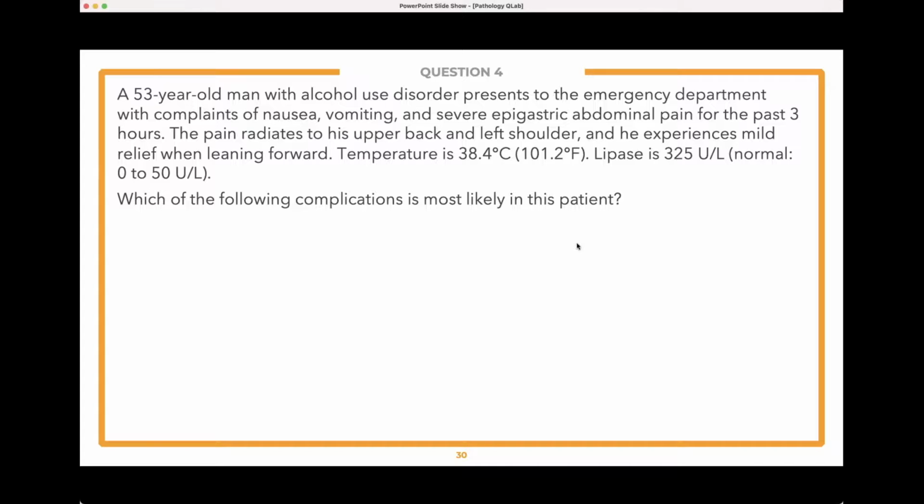The pain radiates to his upper back and left shoulder, and he experiences mild relief when leaning forward. Temperature is 38.4, lipase is 325, which has a normal range of 0 to 50. So again, which of the following complications is most likely in this patient?